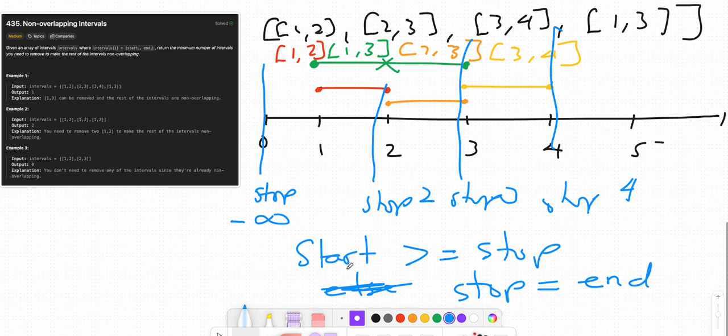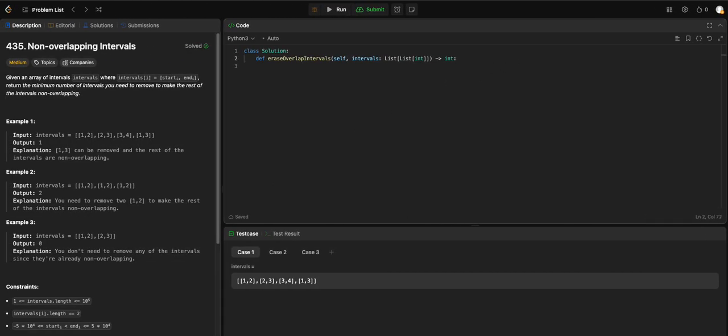So let's look at how we are going to solve this on Leetcode. So first we initialize our stop. So let's do our stop, which is equal to negative infinity. And then let's set our results equal to 0. One thing we must also do is initially sort the intervals by the ending values.